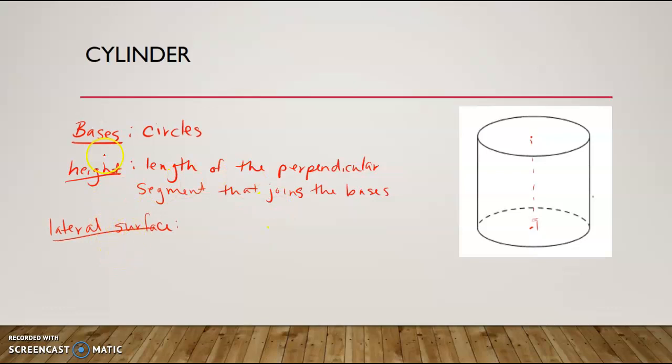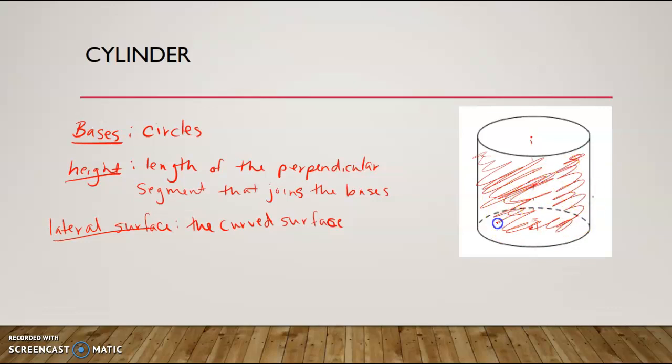So our lateral surface is our curved surface. That's this area right here, this middle part, and that does not include the circles. So we're talking about the space between our bases.